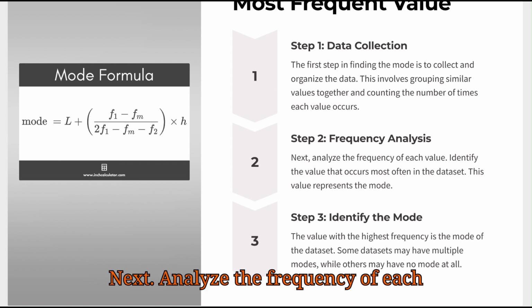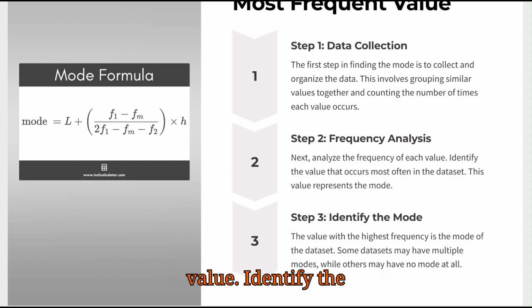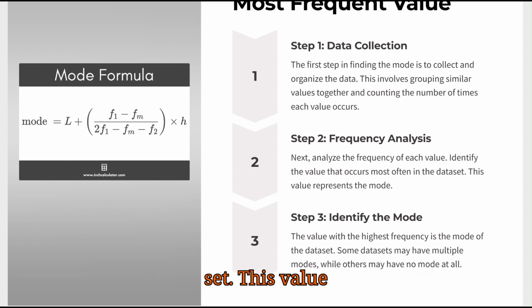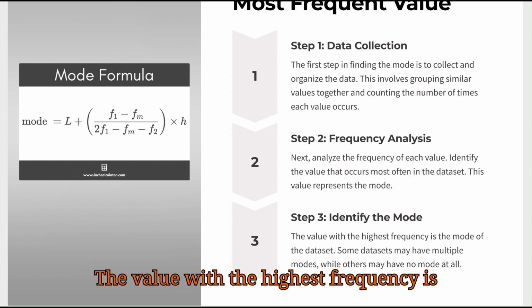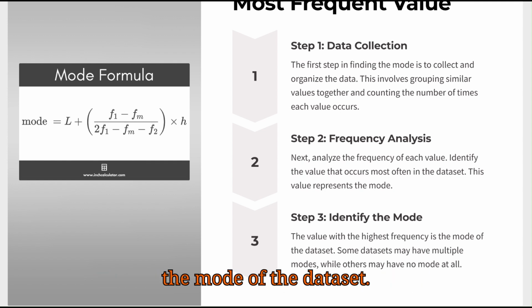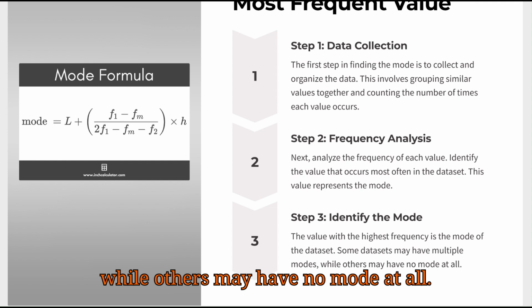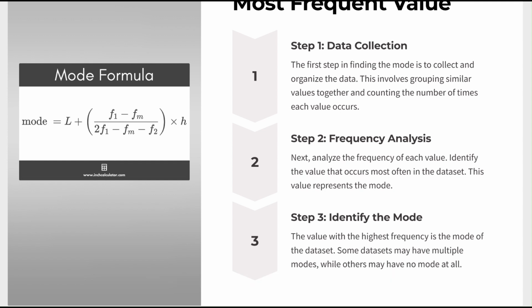Next, analyze the frequency of each value. Identify the value that occurs most often in the dataset. This value represents the mode. Step 3. Identify the mode. The value with the highest frequency is the mode of the dataset. Some datasets may have multiple modes, while others may have no mode at all.